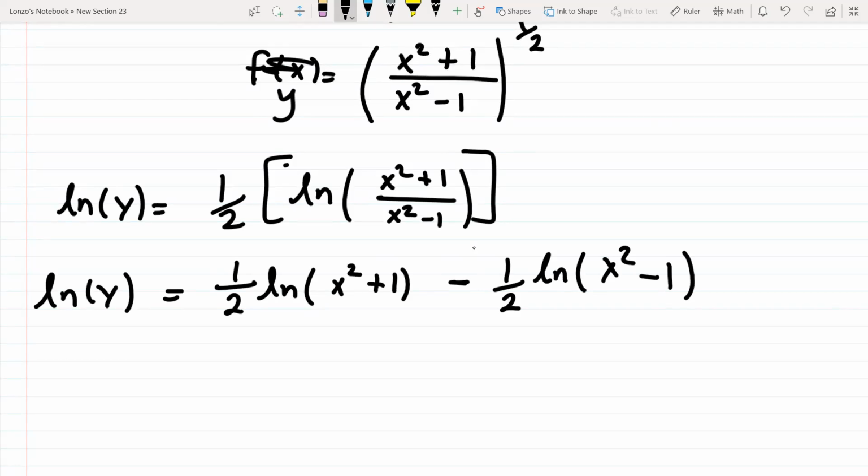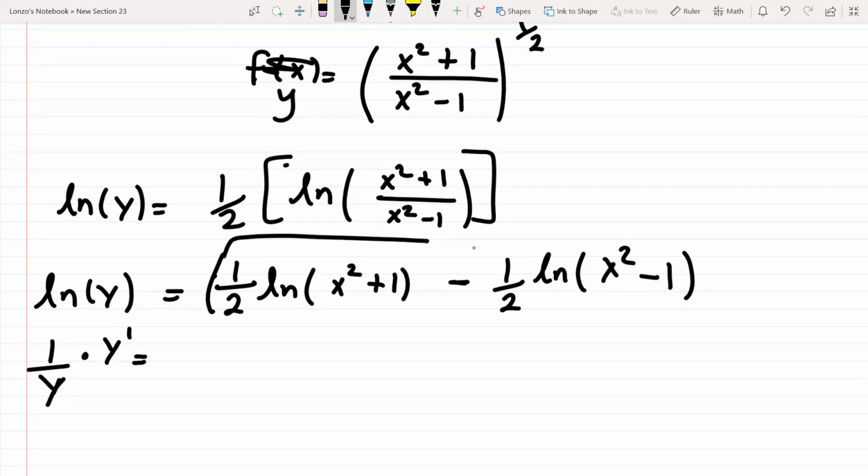And then take the derivative. On the left side, it's kind of like implicit differentiation. So the derivative of ln of y is 1 over y times y prime. And this is going to be the derivative of this whole thing.